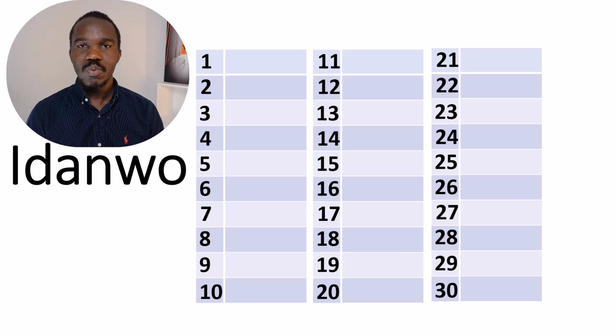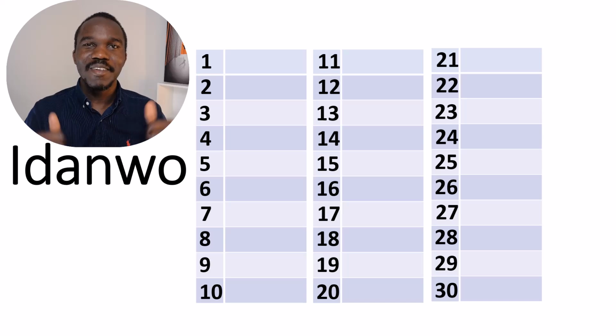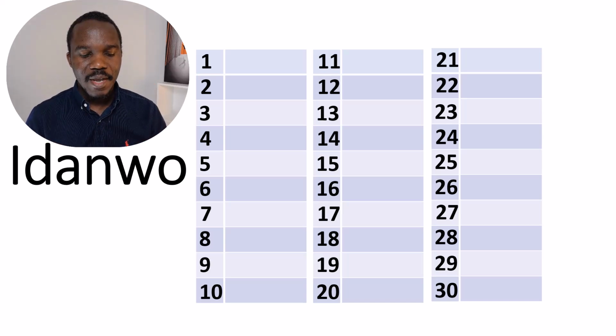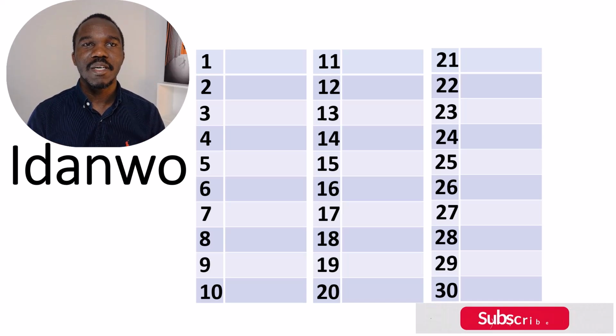Twenty-nine says G. And thirty says A. Well done. Alright, let's look at them one after the other.